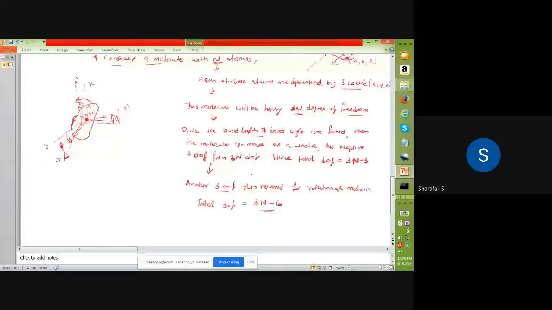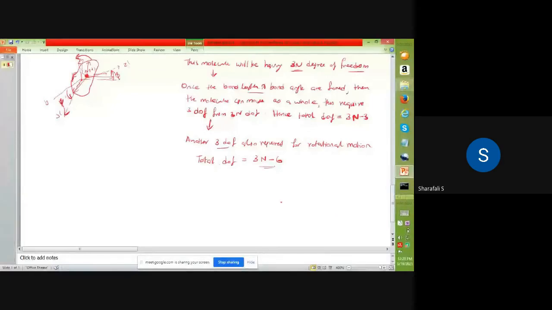This will be the total degrees of freedom associated with a nonlinear molecule. This is for a nonlinear molecule.